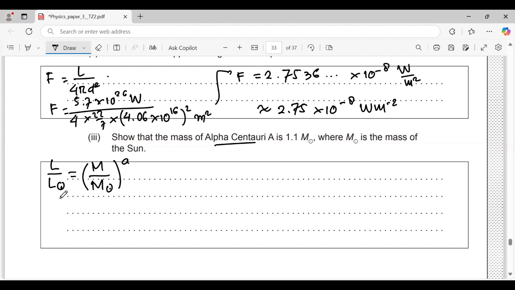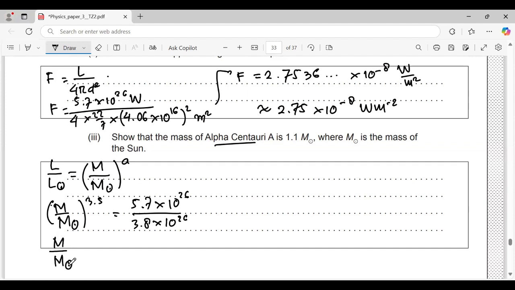So if we substitute these numbers, M over mass of the sun to the power 3.5 equals L, which is 5.7 times 10 power 26, over the luminosity of the sun, 3.8 times 10 power 26. So M over the mass of the sun equals 1.5 to the power 1 over 3.5.